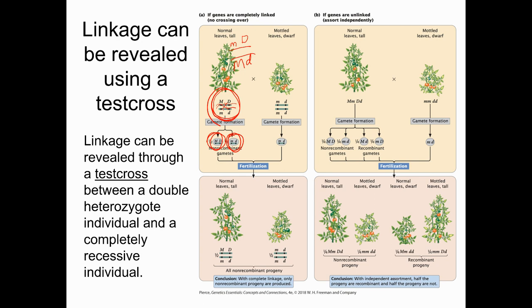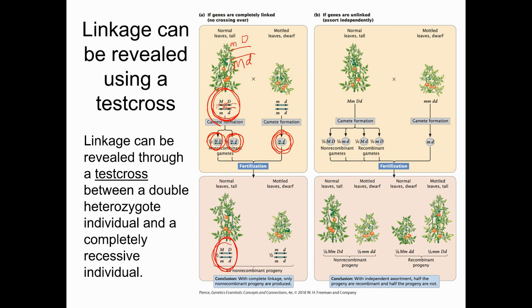We know what the gamete types are from this other parent because they're homozygous recessive, so all the gametes are recessive. So when sexual reproduction happens, some of the gametes with a big M and big D will be fertilized by the gamete that's little m, little d, and we'll get this outcome.